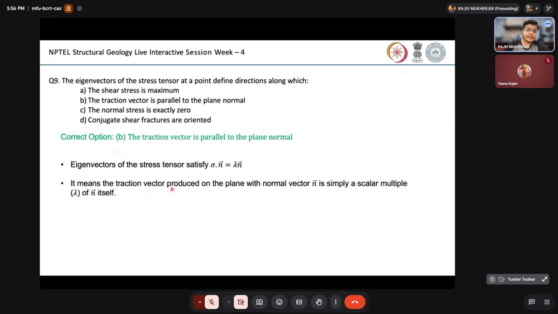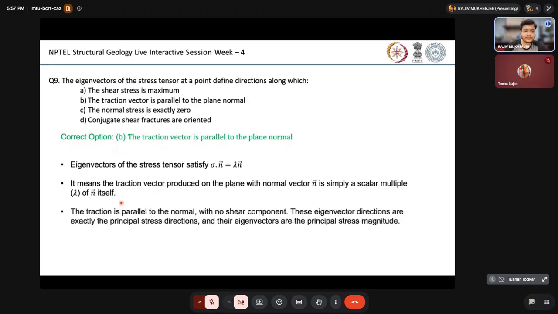So it means that the traction vector produced on the plane with normal vector n is simply a scalar multiple of n itself, and the traction is parallel to the normal with no shear component. These eigenvector directions are exactly the principal stress directions, and their eigenvalues are the principal stress magnitudes, right?